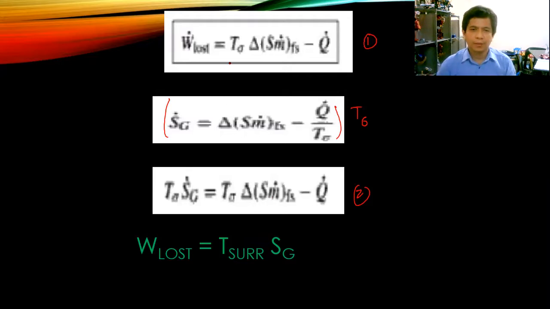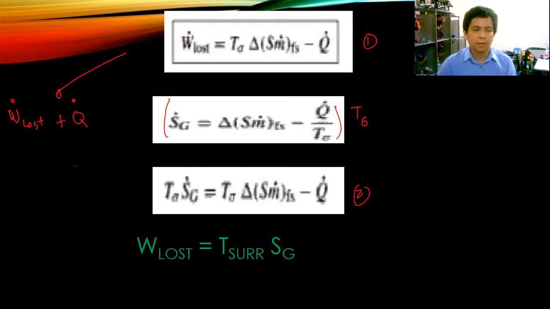Okay. So the first equation will give you W loss when you combine equation 1 and 2, and then you create T sigma delta S M dot Fs. So we're going to have W loss from the first equation plus Q dot.